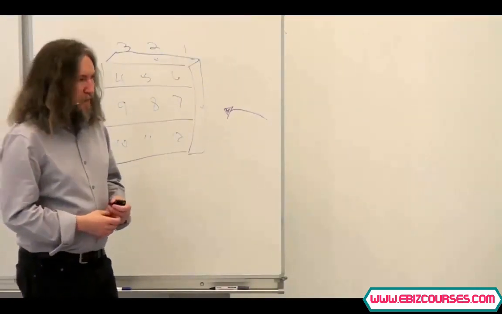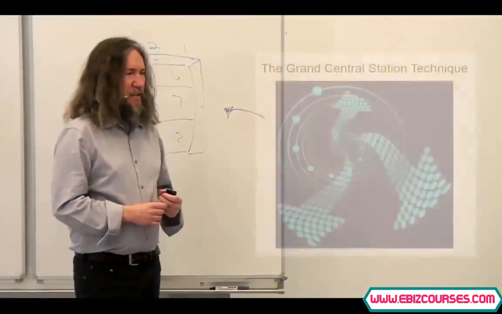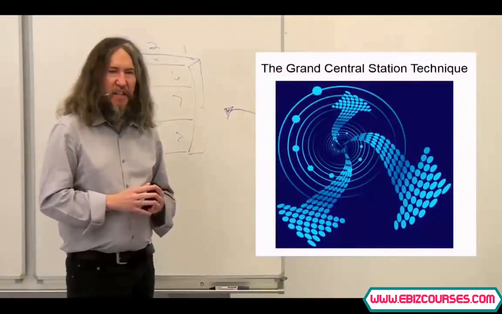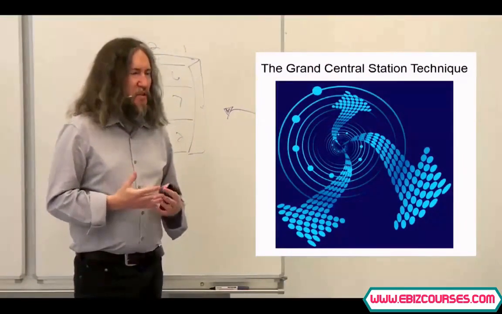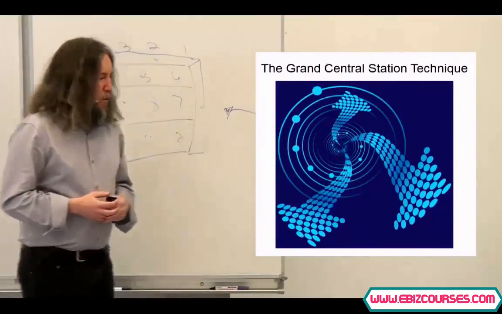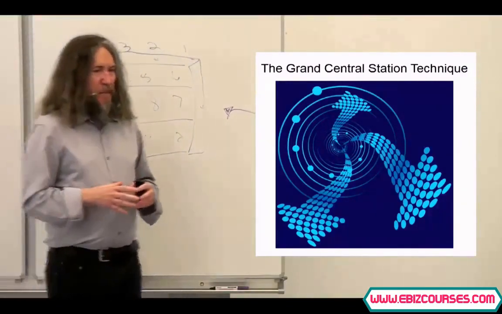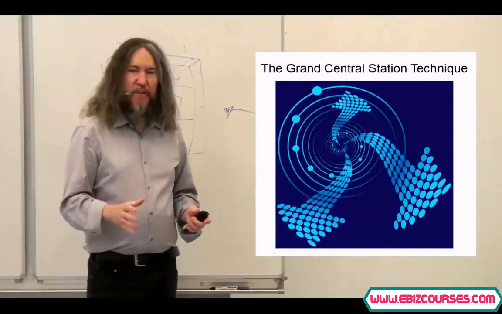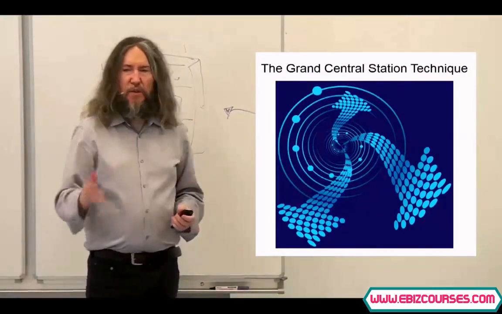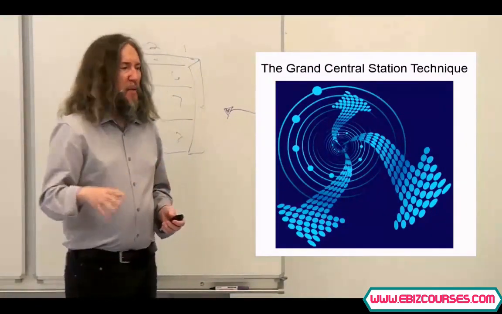Now, this bridges the idea of a grand central station technique. And this is one of the most classical images of the memory palace, which is the idea that you have a central place that you enter, and it has all kinds of doors that go to other memory palaces.